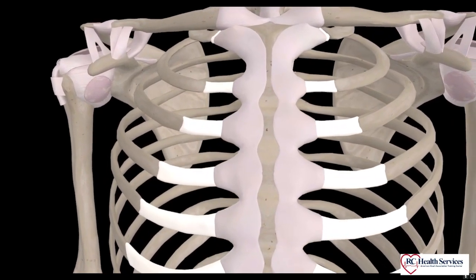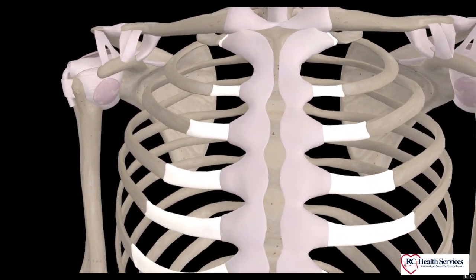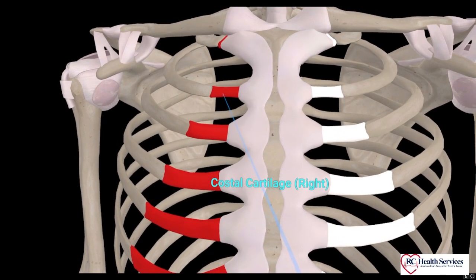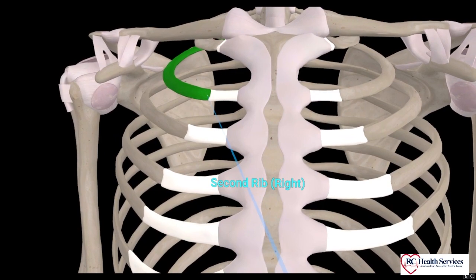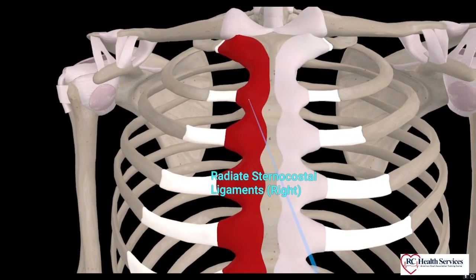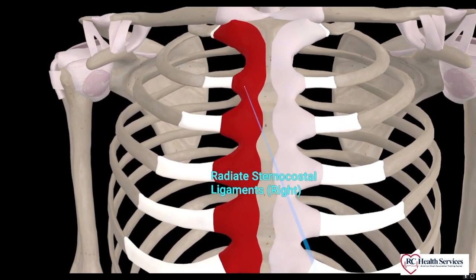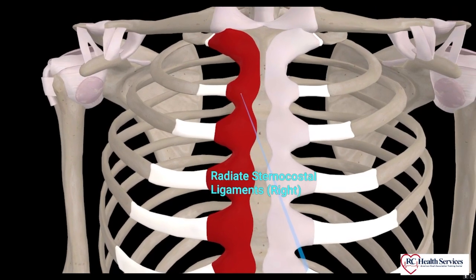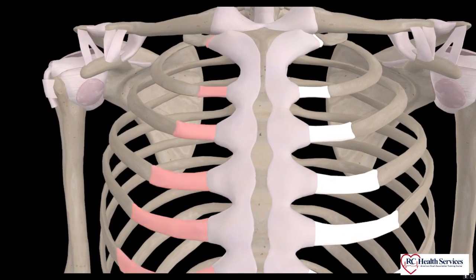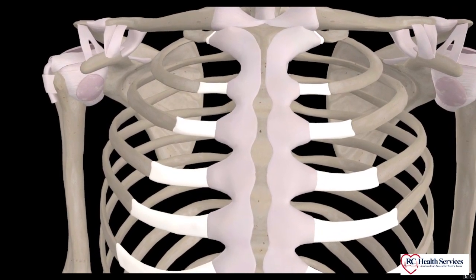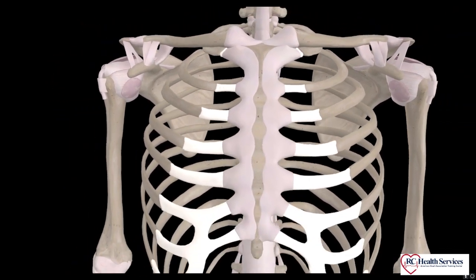As you can see, the ribs do not go all the way around. They do not meet at the sternum. The highlighted portion right there is going to be costal cartilage. So a good half of your ribs is actually cartilage, not so much bone.